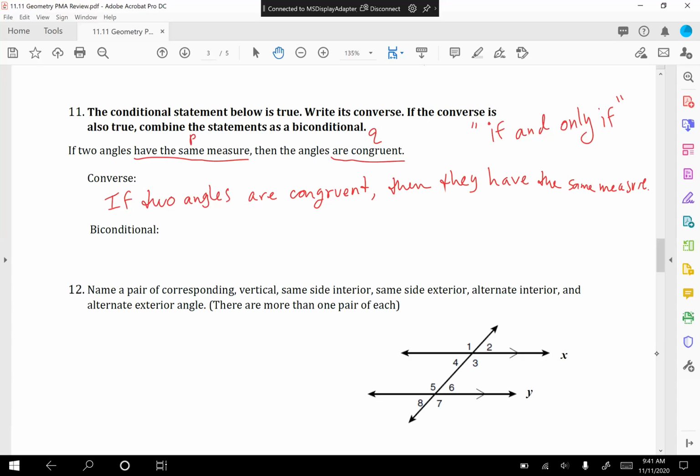So is that true, y'all? If two angles are congruent, are they the same size? Yeah, that's the definition of being congruent, right? Okay, so the original is true, the converse is true, we can write the biconditional. So basically you take that first sentence and you kind of rewrite it. You take off the if. So two angles are congruent.